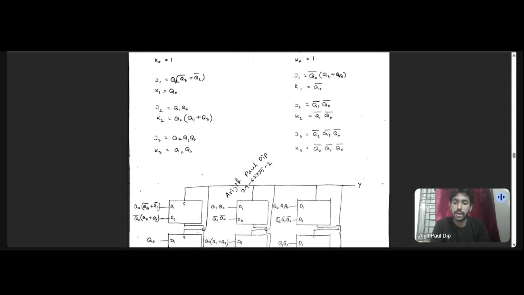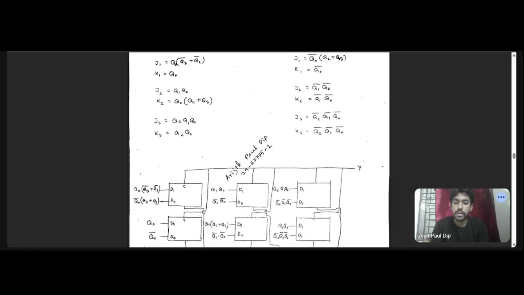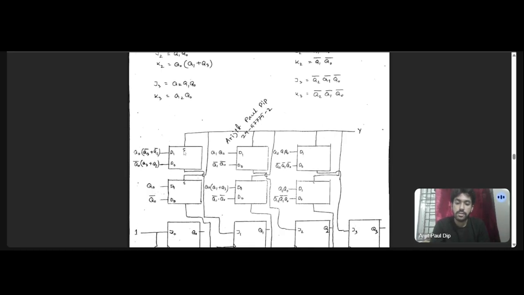So we had this here, and when y equals 0, we put J1 equals Q0 bar, and Q2 or Q3. So it's set to D0, and when y equals 1, D1 is passed, and when y equals 0, D0 is passed.